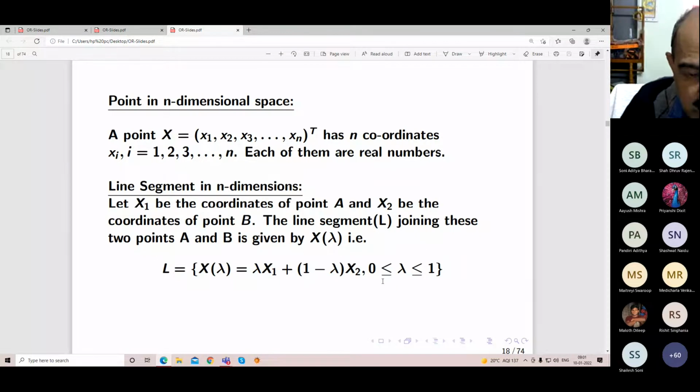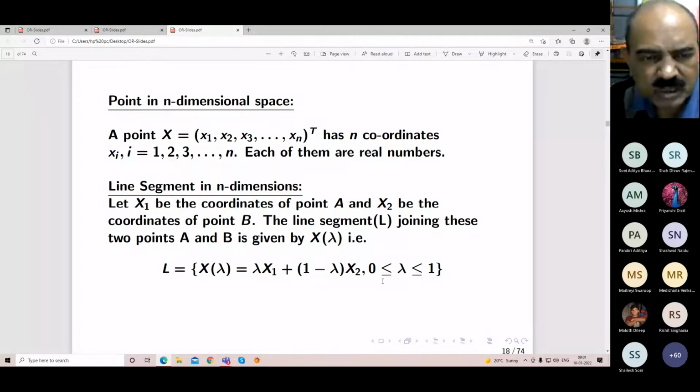Why are we introducing the line segment? Whenever we are solving a system, we are finding solutions. Some solutions are called basic solutions and some are called basic feasible solutions. These basic feasible solutions are nothing but the extreme points of the convex set.